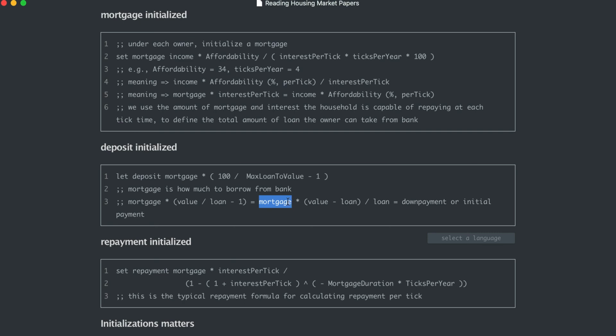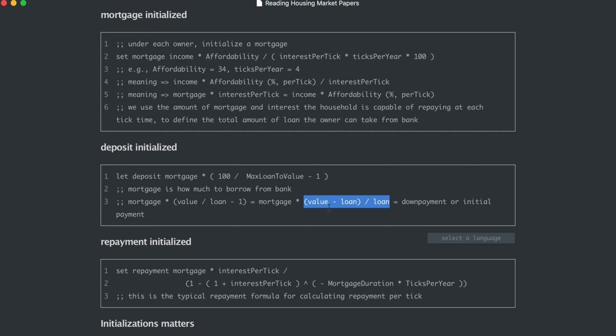Well, the way we compute it is through this formula. Also, just by looking at this formula, it's kind of difficult to understand. But we can reformulate this part into this part, which means the value divided by loan minus 1, which can also be reformulated into the value minus loan divided by loan.